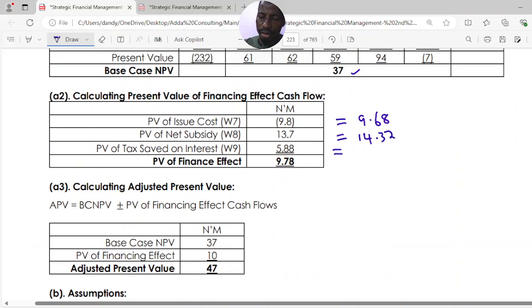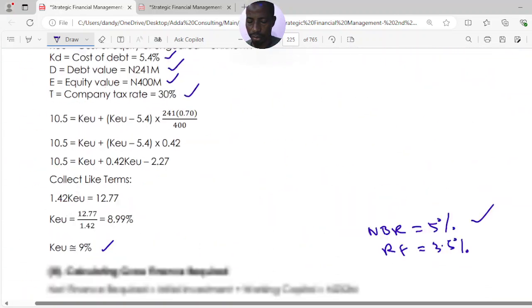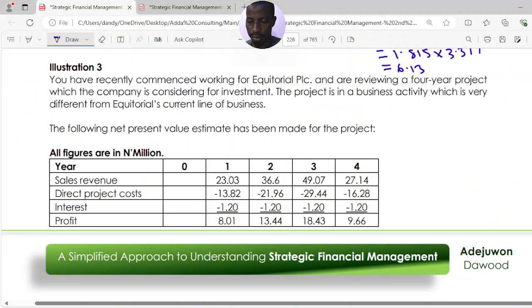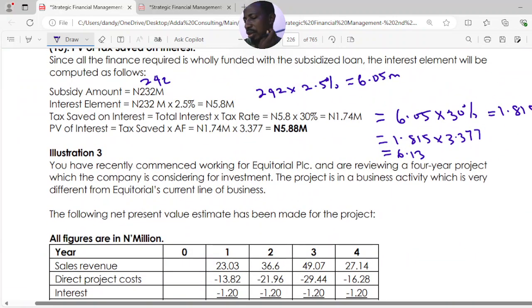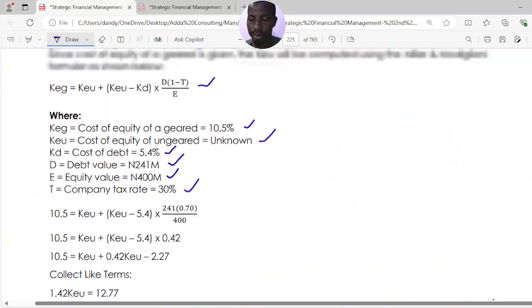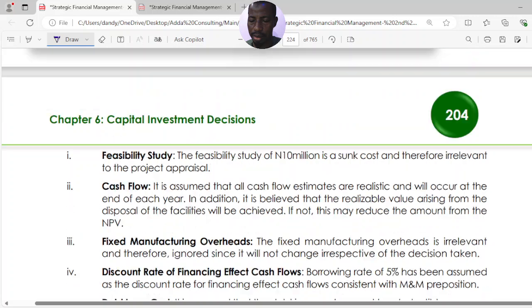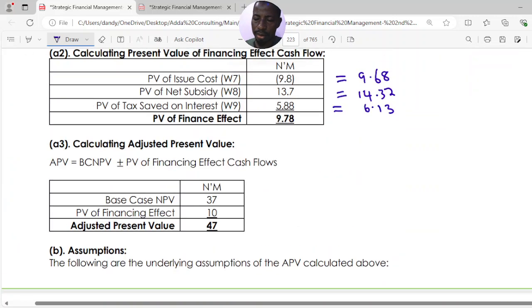Then the PV of tax saved is 6.13. Let me confirm. Yes, 6.13. So let's add it up. So this is a minus.